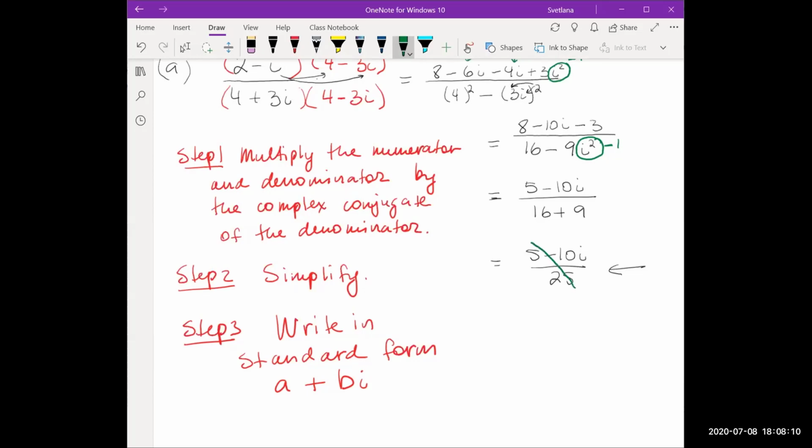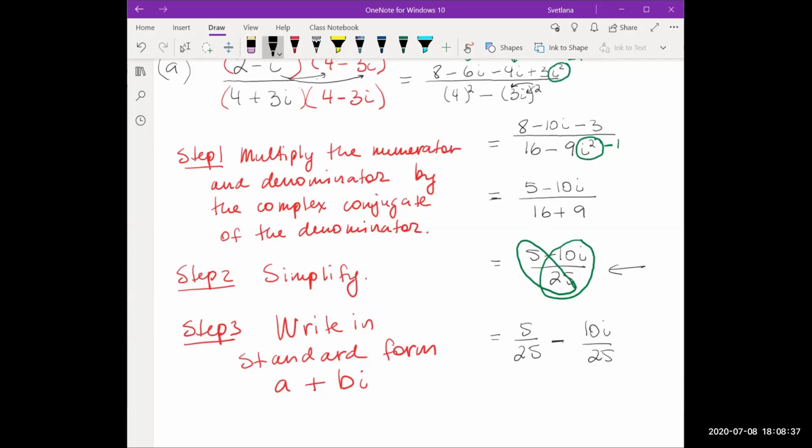And that's how I like to show it. So it's putting 5 over 25 and putting negative 10i over 25. So you split it into two fractions. So you divide 25 into each term. So I'll have 5 over 25, and then that minus sign I can put in between right here. Minus 10i over 25.